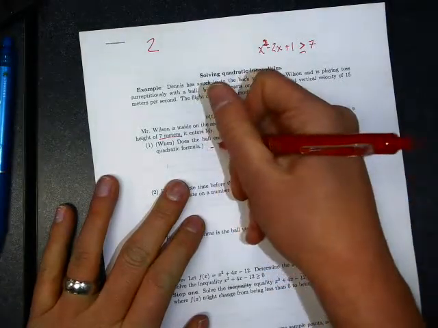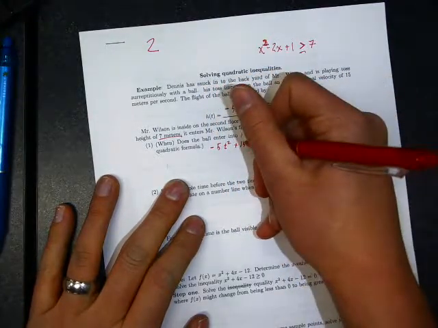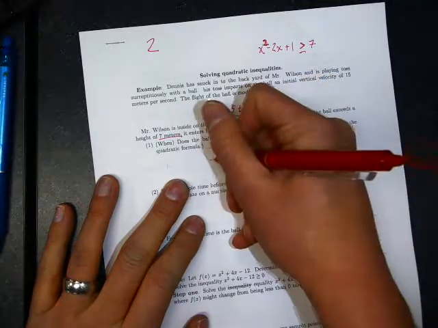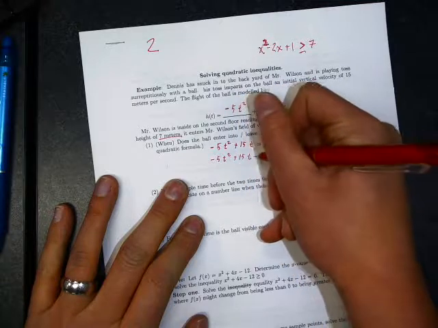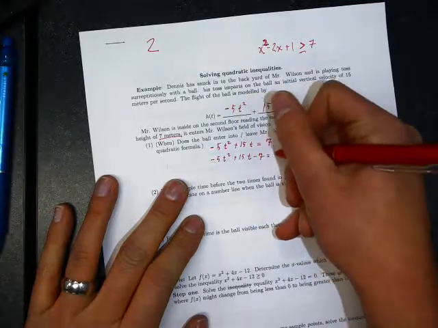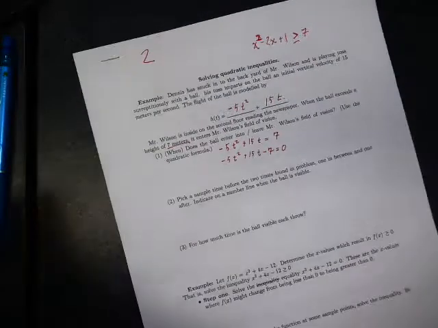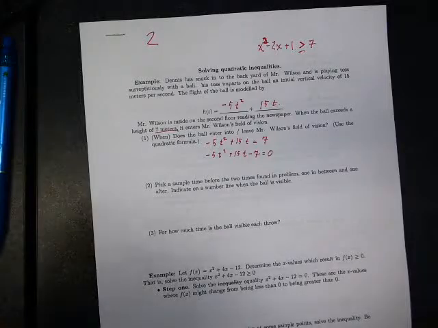You just need to solve minus 5t squared plus 15t equals 7, so minus 5t squared plus 15t minus 7 equals 0. And, of course, you have the quadratic formula in the back of your pocket.